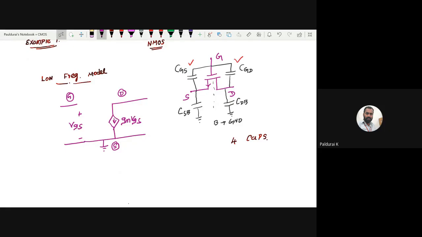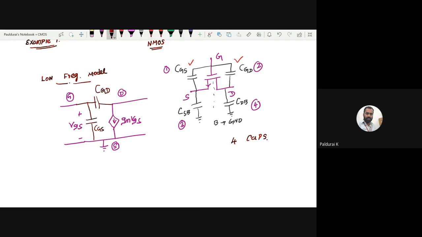Now coming to the high frequency model, you want to consider all the capacitors. How will you connect all these capacitors? Take these four, connecting all the capacitors with a different color. Between gate to source, I have CGS.